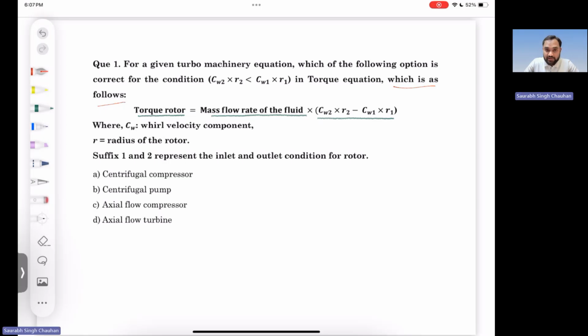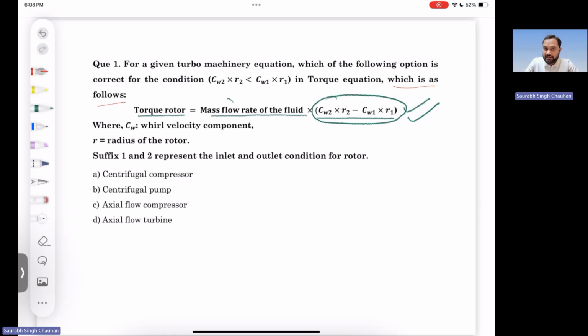So basically we are given an equation, and that equation is for calculating the torque. Torque is calculated using this equation, that is basically mass flow rate times this term. In this term, CW is the whirl velocity component, R2 is the radius of the rotor. There are a few suffixes, 1 and 2.